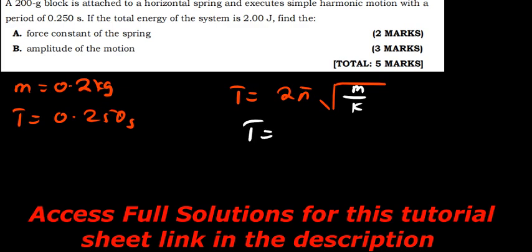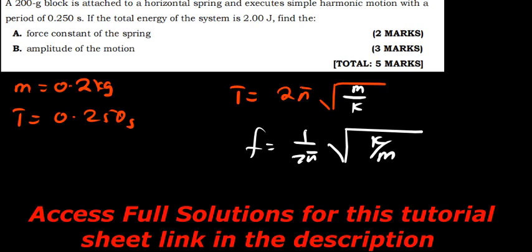Then again, there is another formula for frequency. Frequency is 1 over 2 pi times the square root of k over m. So these formulas, I believe they gave you, but if you manage to watch my videos, I explained where these formulas are coming from.